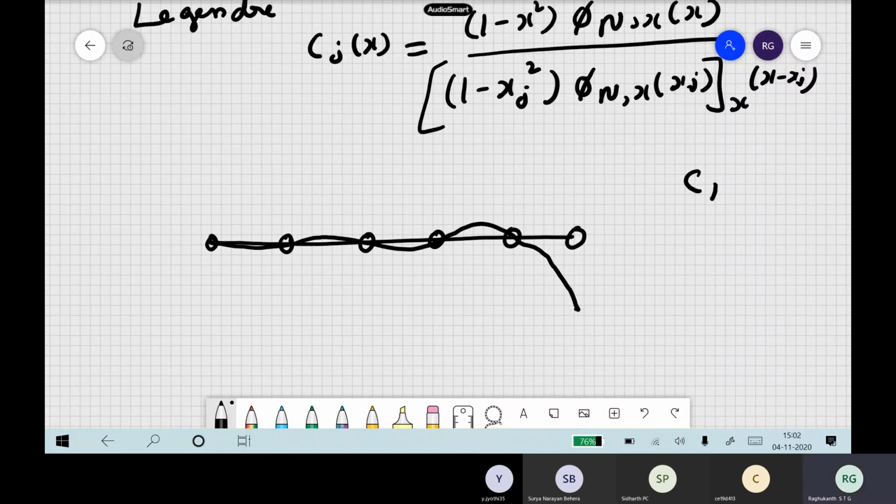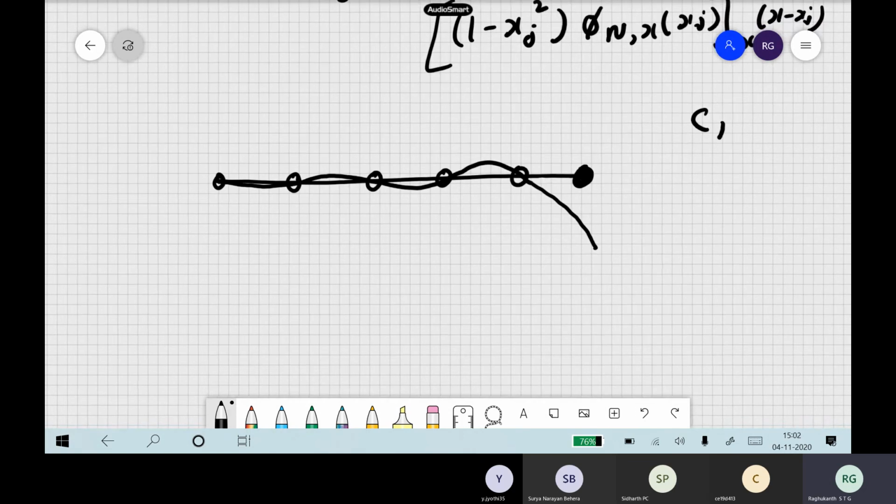What is the meaning of this cardinal function? At all other points it is 0, but it is maximum at the end point.